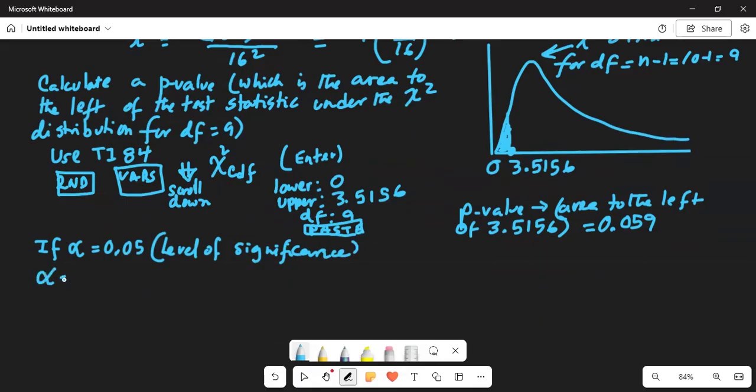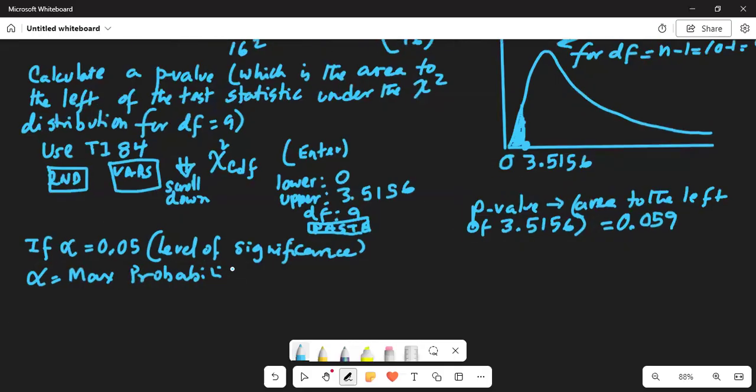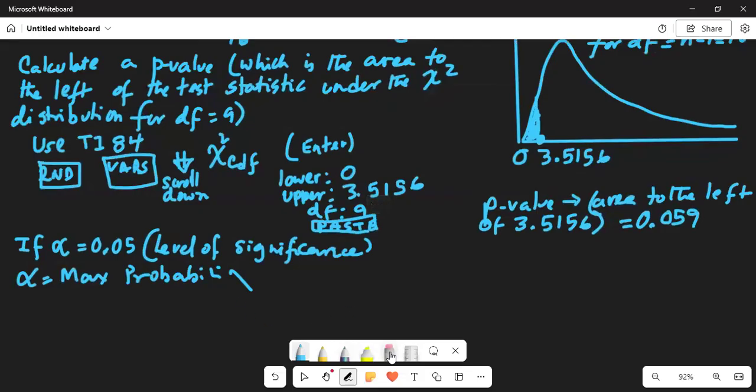So alpha is the max probability of rejecting H0, of rejecting H0 when it is true.